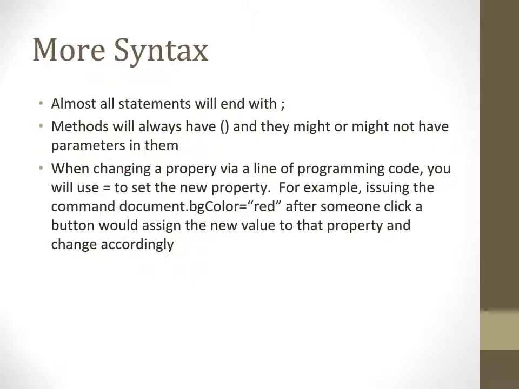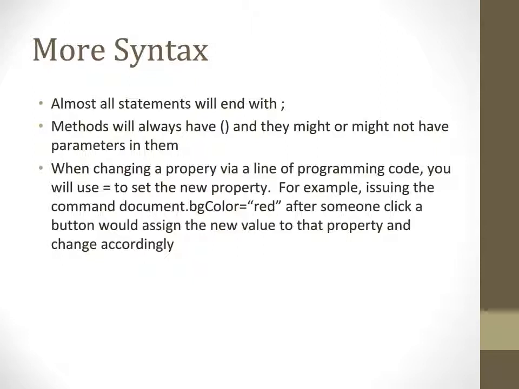When you're working with properties and changing properties through your programming, you're going to use the equal sign to assign values to properties. So if we have document.bgColor equals red, and then somebody clicks a button, then we would have a new statement that says document.bgColor equals yellow, because properties are going to be equal to something.